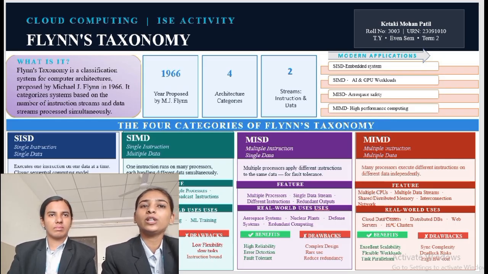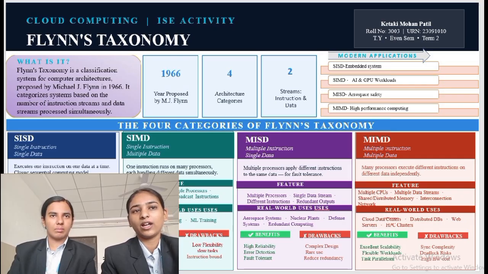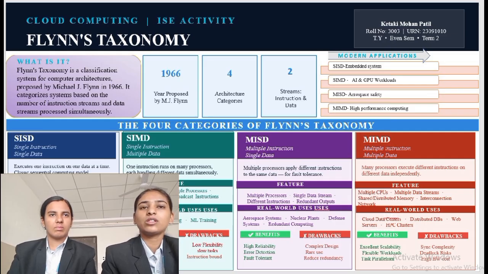So it is very beneficial that the cloud uses the MIMD architecture. And in safety systems, MISD, that is multiple instruction and single data, is used, like in a nuclear power plant or in an aircraft control system as well. The MISD architecture is very important.